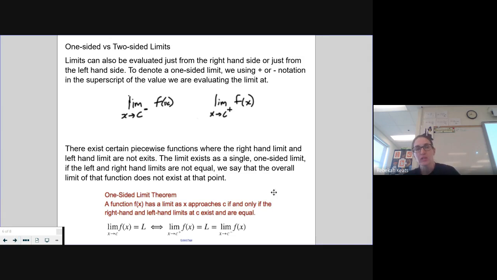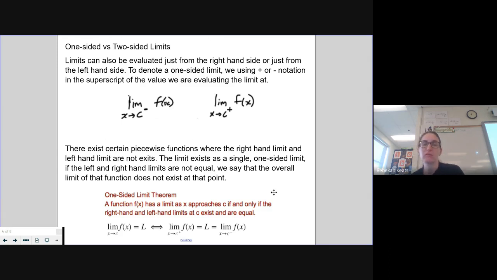The other thing to mention when it comes to looking at graphical limits is that there's a concept of one-sided versus two-sided limits. We can evaluate the limit from just one side, the right-hand side or the left-hand side. We'll see an example in a minute.